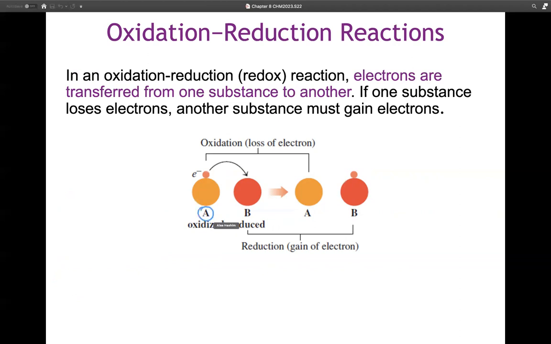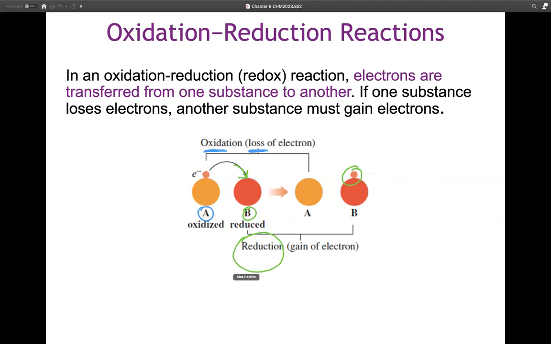Notice A in this case is transferring the electron, so it's losing an electron. If something loses an electron, it's said to be oxidized, right? So if something loses an electron, something else has to gain an electron. And in this case, B is the one that gained the electron. So now B has the electron. So B is reduced, right?